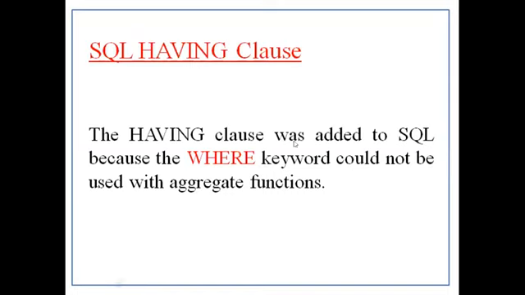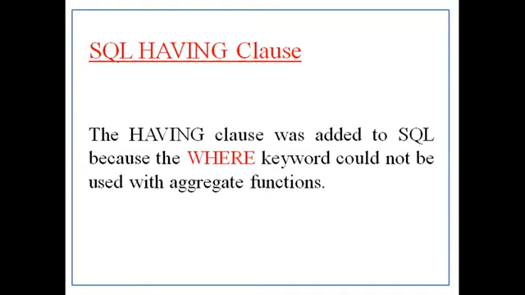The HAVING clause was added to SQL. Why? Because the WHERE keyword could not be used with aggregate functions. Suppose you want to retrieve the maximum salary from the employee table. In these cases, obviously you have to use aggregate functions only. By using WHERE conditions, you are not going to get any kind of record.